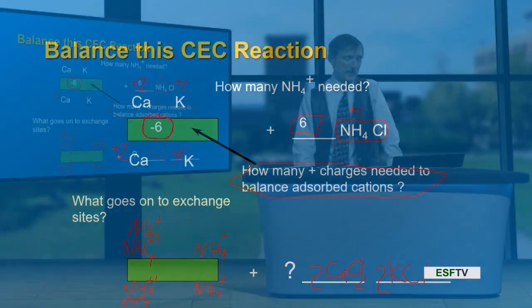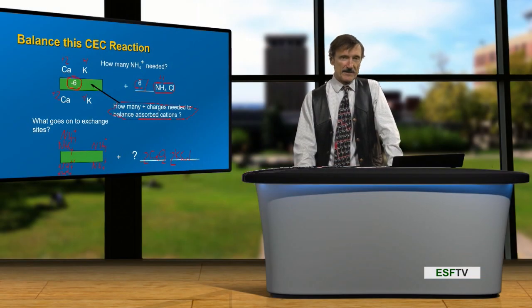So thinking back, we started with the charge. We moved from the charge to figuring out what got pushed out, what went on, and then we had to go into solution and balance the anions associated with this salt with the cations that came off. And that's all there is to it. Okay? Pretty slick. Now you'll do this in lab a little bit this week, so you get some practice.